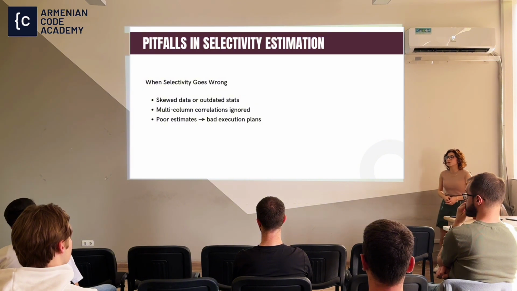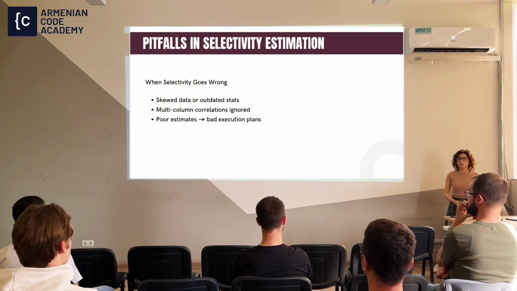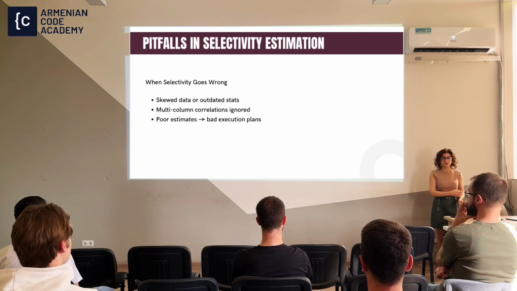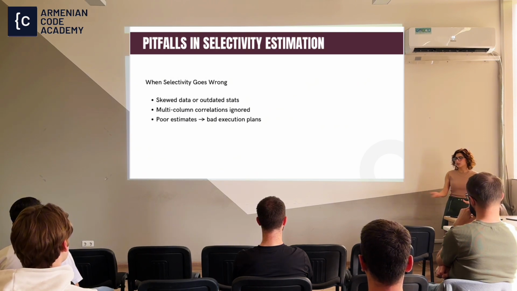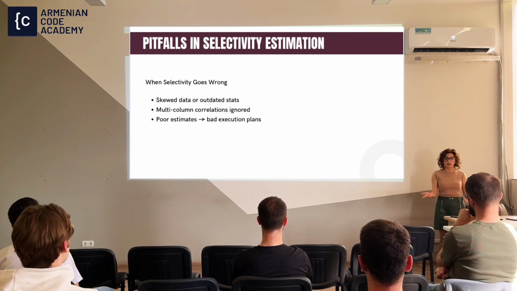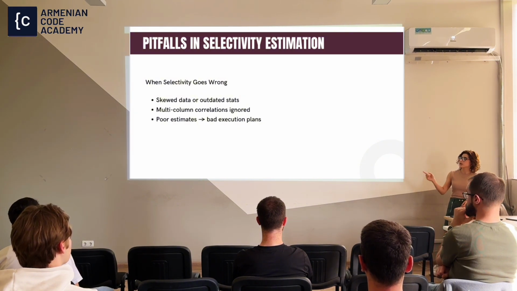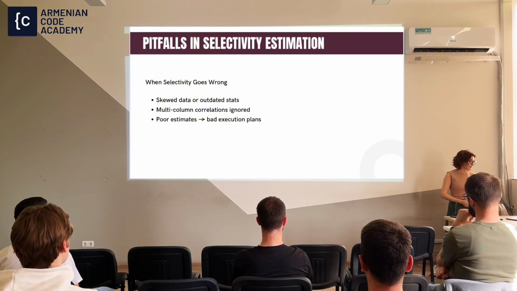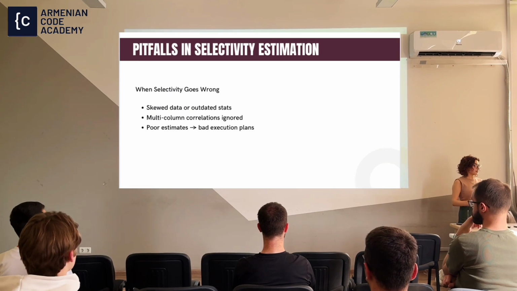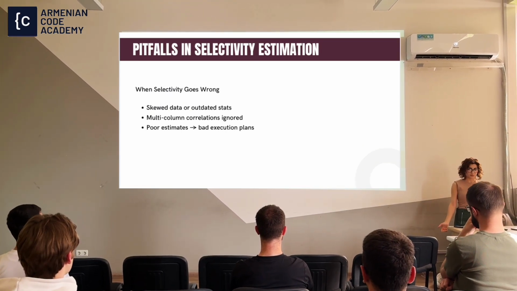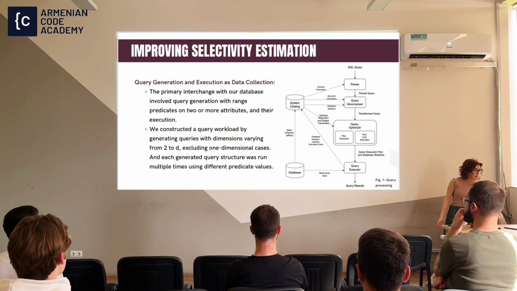Another case is when we have multiple correlations and they are ignored. For example, in a one-dimensional case, it is treated as one-dimensional, like a linear regression model, and in such cases, the correlation is ignored, of course. In the end, poor estimates give us bad execution plans.